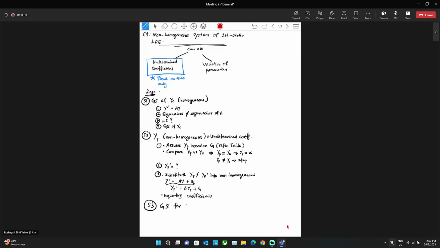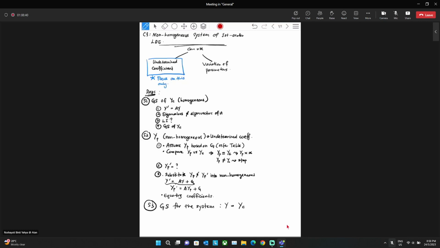Okay, how can we get it from y equal to yc plus yp, and then the last step is go for particular solution. Okay, so these are the steps.